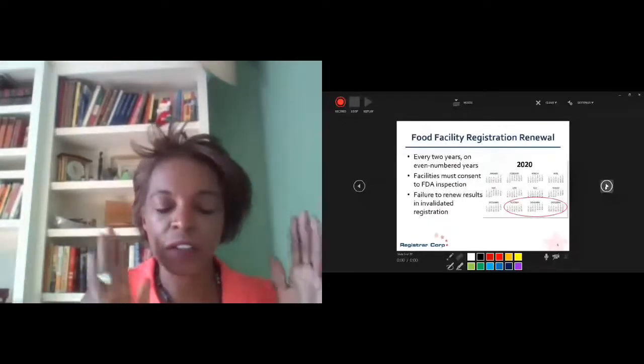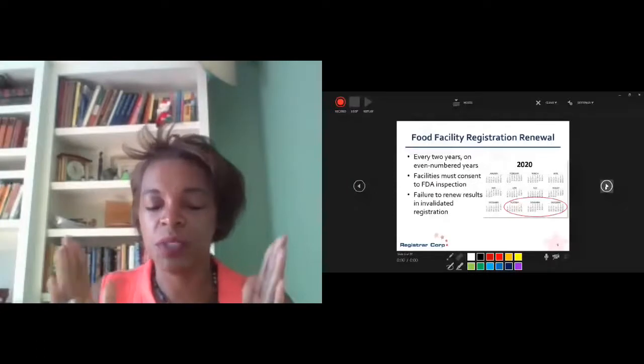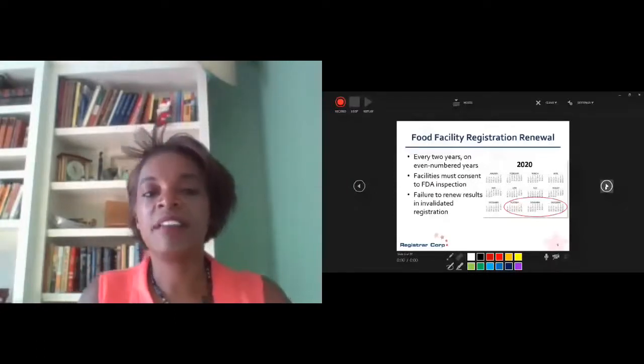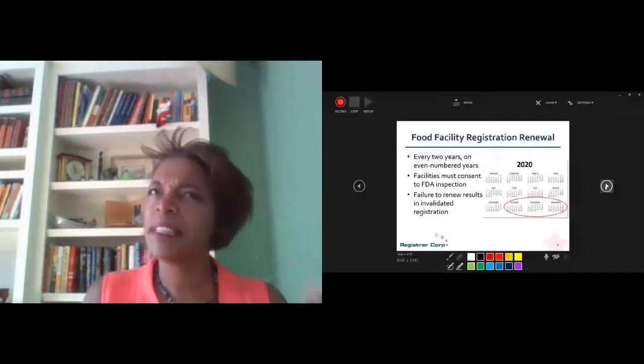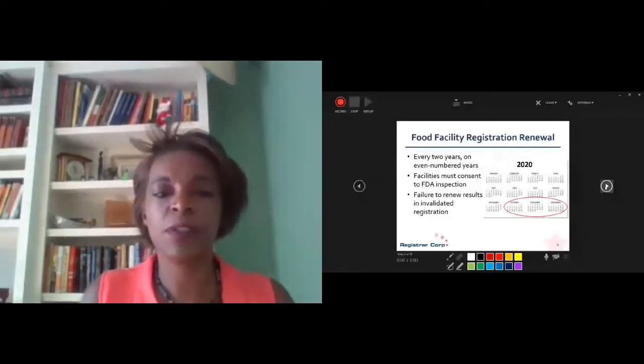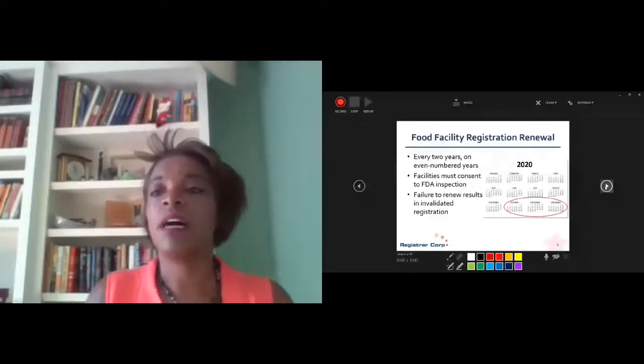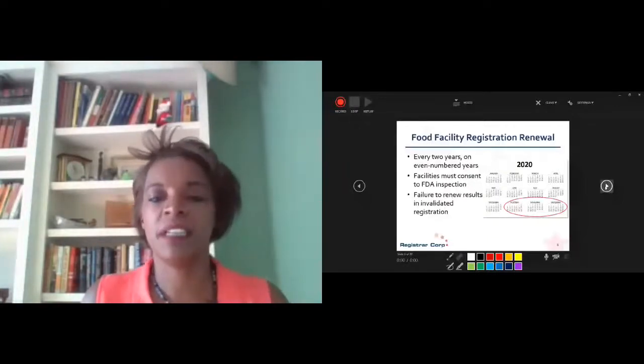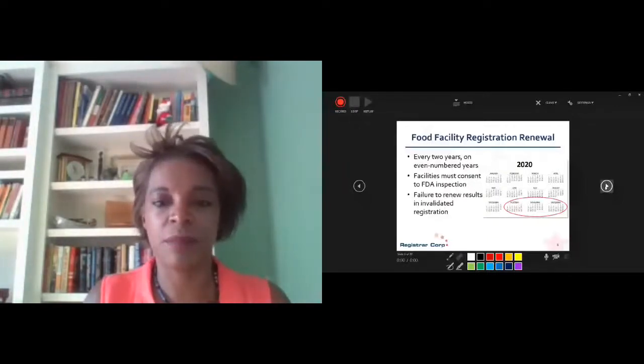Facility registrations. A long time ago, you would get your food facility registration and have the number for life. Now FDA says, let's make them update this, because maybe your activities have changed, maybe your ownership has changed. It allows the facility to keep FDA's records updated properly.